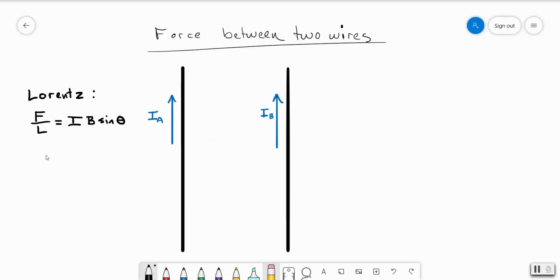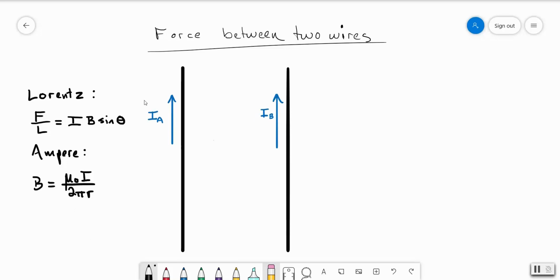You may also remember from Ampere's law that it demands that if you have a current that is appearing in one of your wires, it forms a magnetic field in the vicinity of that wire, and the magnetic field, assuming that these are long enough to be considered infinite wires, is given by mu naught times that current that's in that wire over 2 pi times the distance away from the wire.